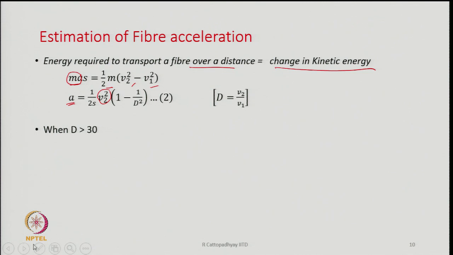Now, when D is quite high, suppose D is greater than 30, then 1 upon D square becomes 1 upon 900. So, 1 upon 900 is a very low value, and 1 minus 1 upon 900 is almost close to 1. Therefore, the value of A becomes V2 square by 2S, because 1 upon D square is quite close to 0.